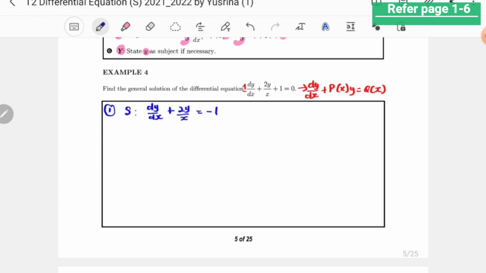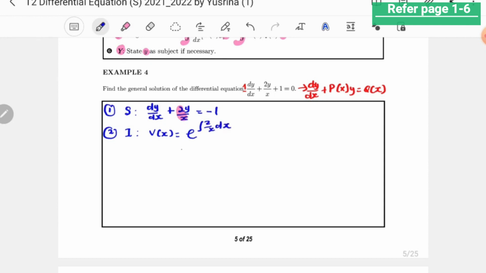And the second one is I. I is integrating factor. So for the integrating factor, we have the formula e to the integral of p(x). p(x) is the coefficient of y. So 2 over x dx.